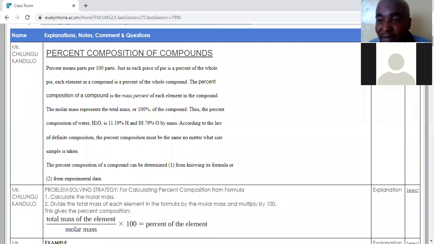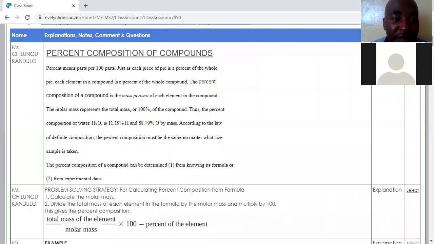When someone says percent by mass of an element in a compound, that refers to parts by mass of an element in the compound per 100 parts by mass of the compound itself.